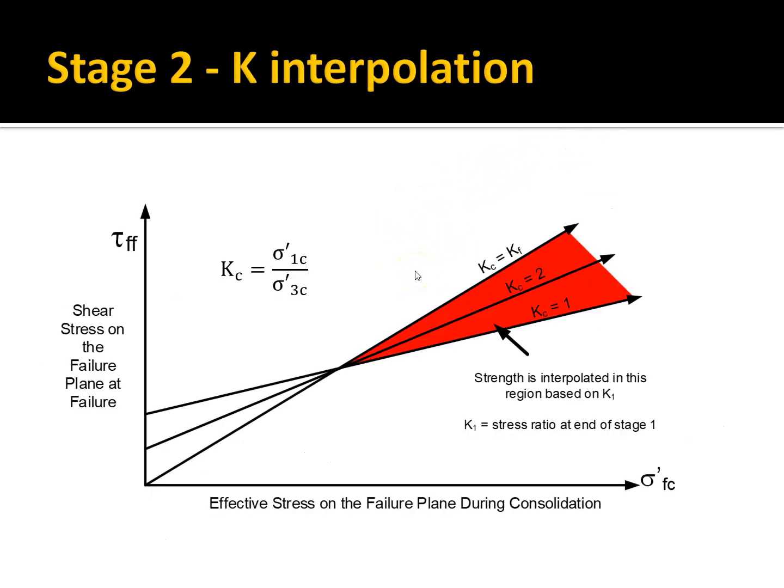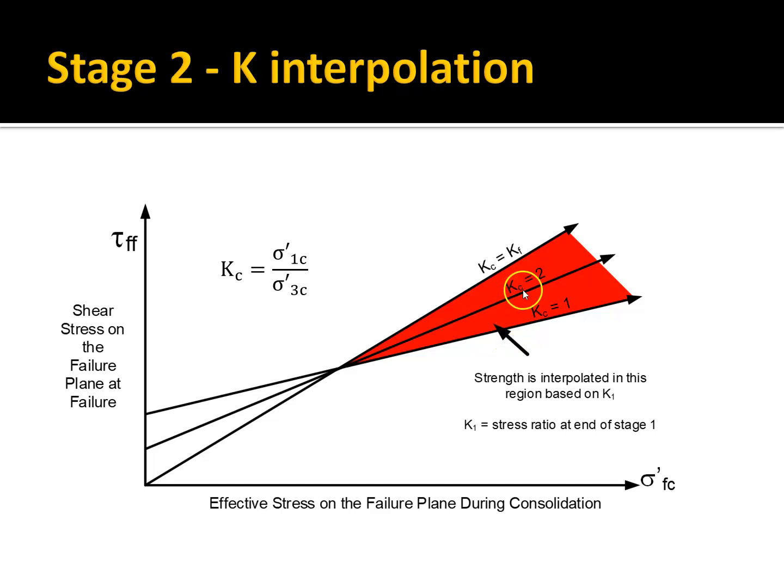Okay. Now, the trick then is we need to find, using sigma 1 and sigma 3 at the base of each slice, we can calculate sigma 1 and sigma 3 and come up with a KC value, the ratio during consolidation, and it's going to be somewhere between these.